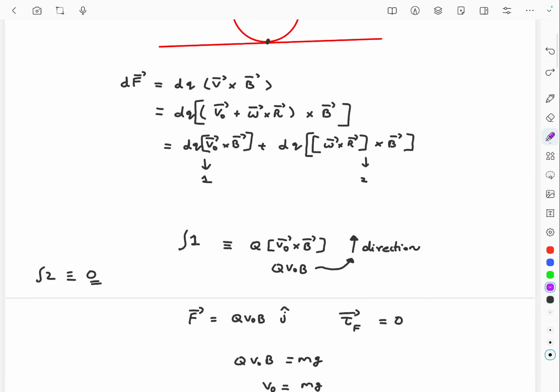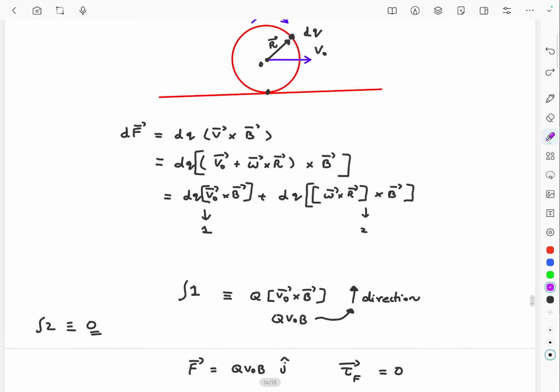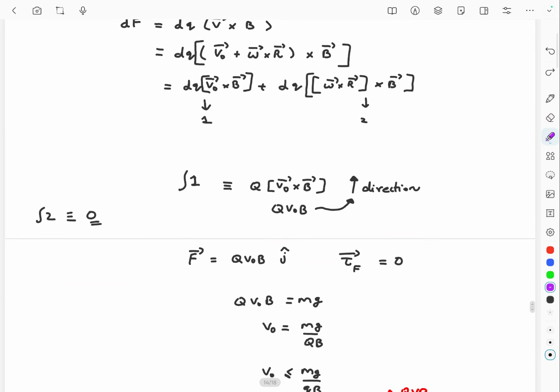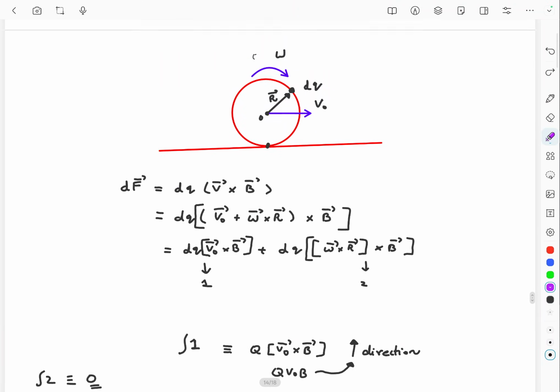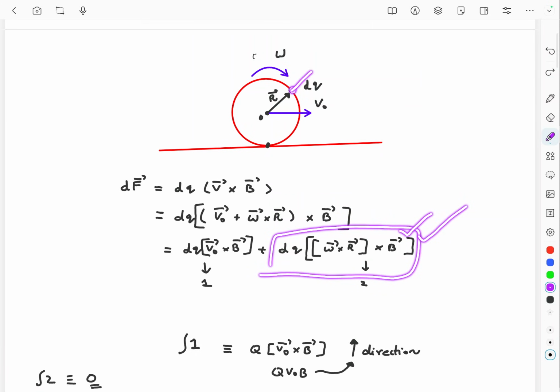Now after we find this out, it's basically just mechanics after this point. Also the net torque due to the magnetic force will be 0, and that you can just see. Because of the second term, it is of course 0, because this particular term over here is radially outwards, right? So about the point O, this component just passes through this point O. So the component of torque due to the second term will be 0.